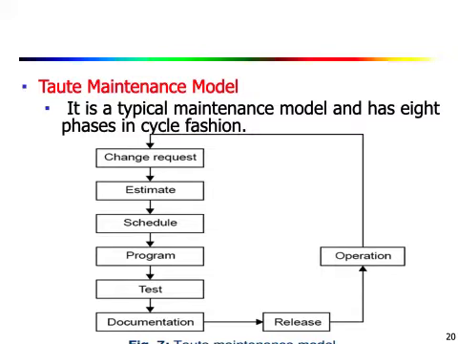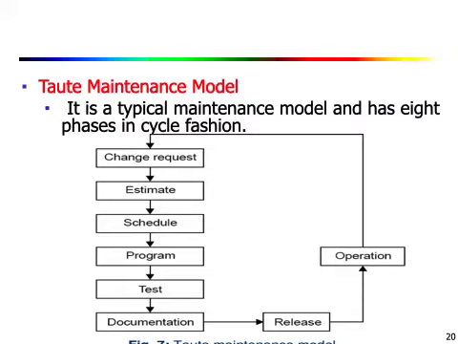In this model, you first make a change request, you estimate the cost of this modification, schedule it, then you code or program this, that is, you modify the system, then you test it, you document it, and then you release the new version, and that will be operated in a regular manner.